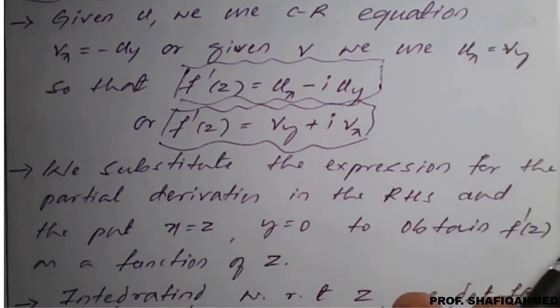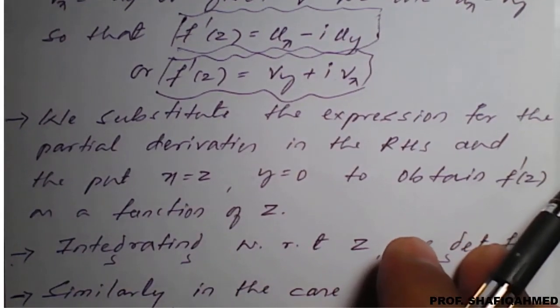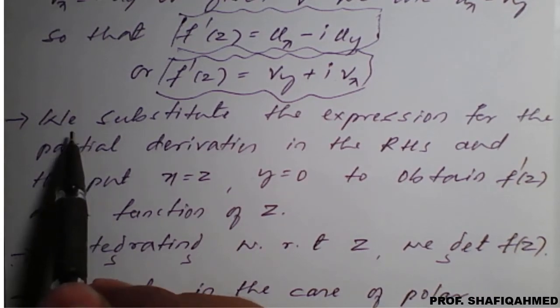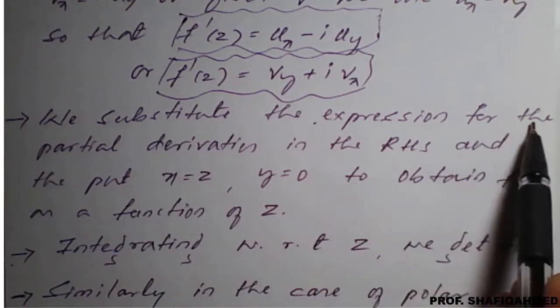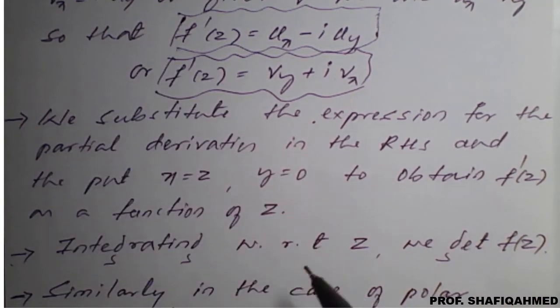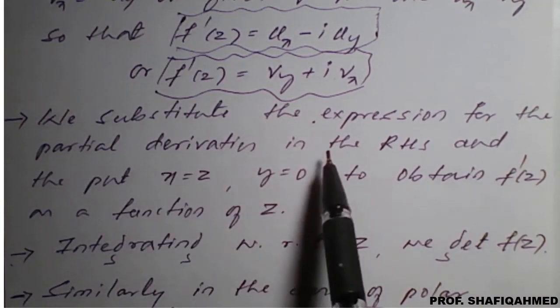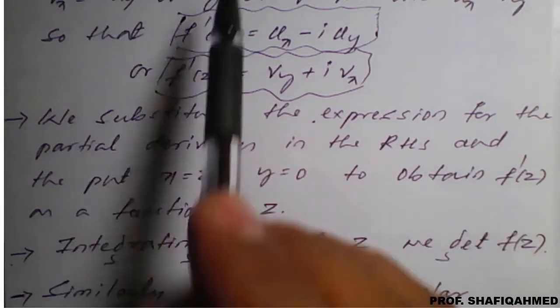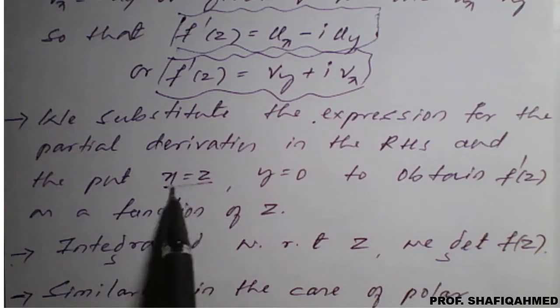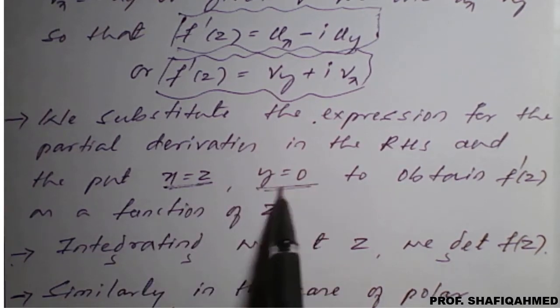Next, step number 3. We substitute the expression for the partial derivatives, that is ux and uy, in the RHS, the right hand side, and put x is equal to z and y is equal to 0.